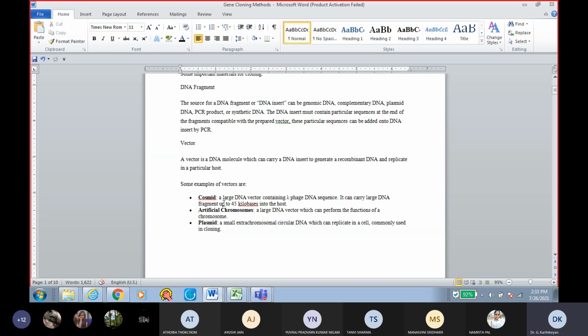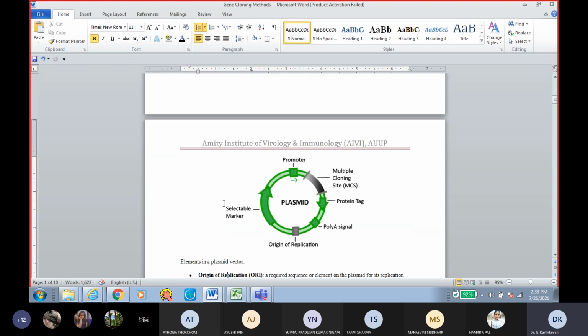Artificial chromosomes, just as we have normal chromosomes, people have created artificial chromosomes which can function very much like chromosomal DNA in any organism. And plasmids, as we all know, are small extrachromosomal circular DNA that can replicate in a cell. And this is what is commonly used for cloning purposes in routine molecular biology and biotechnology labs.